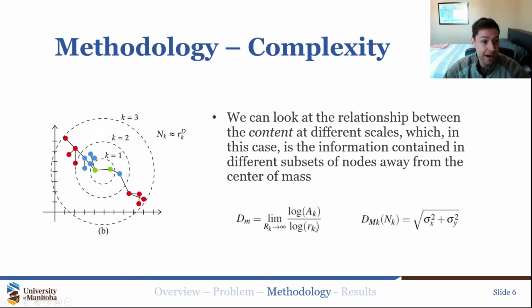So there's a power law relationship in the content of the nodes as you consider different scales of the topology from the center outwards, and we can capture this mass radius fractal dimension via this relationship on the right here, where we're just taking the standard deviations in the x and the y dimension, in this case the two-dimensional representation topology. You're taking the standard deviation.